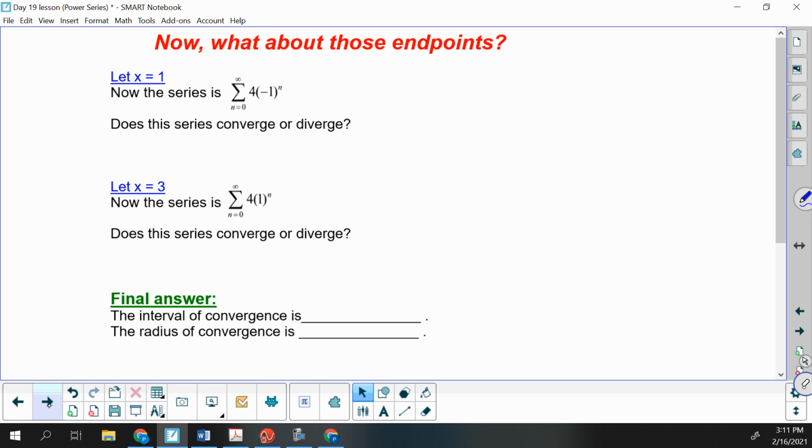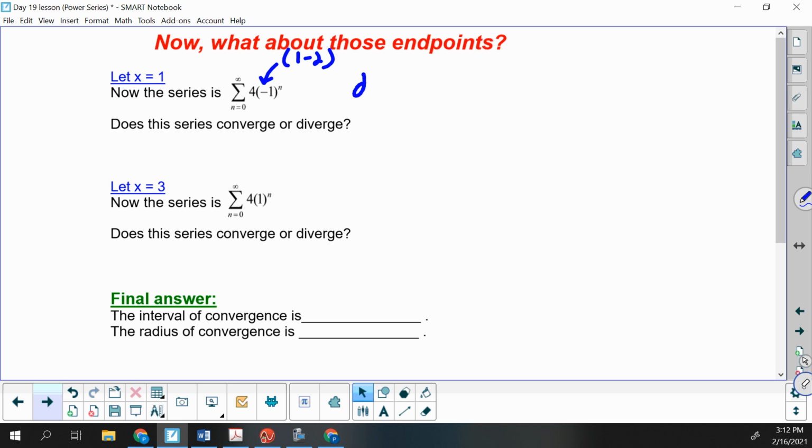So, going down to the bottom, let's check those endpoints. So we're going to check x equals 1. Where this negative 1 is coming from is in the parenthesis we did 1 minus 2. So you sub the 1 in for x. Well, this is 4 times negative 1 to the n.